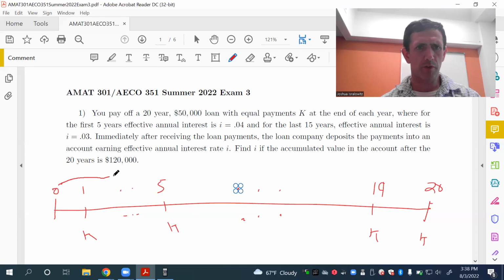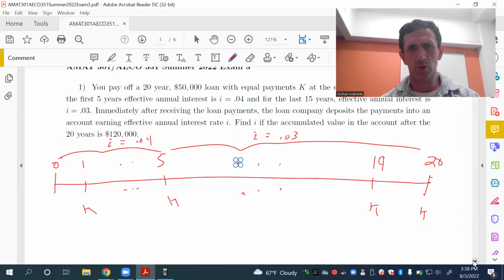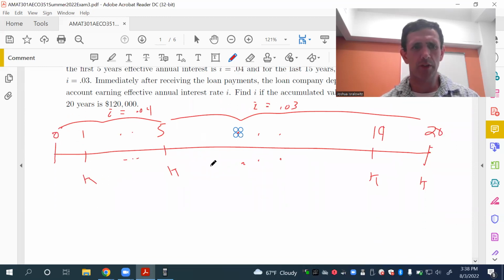Okay, so for the first 5 years, I is 4%. And for the next 15 years, interest is 3%. So as usual, we break up the loan into two loans.